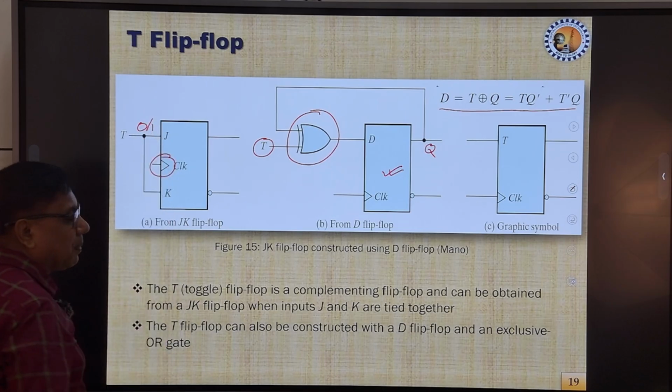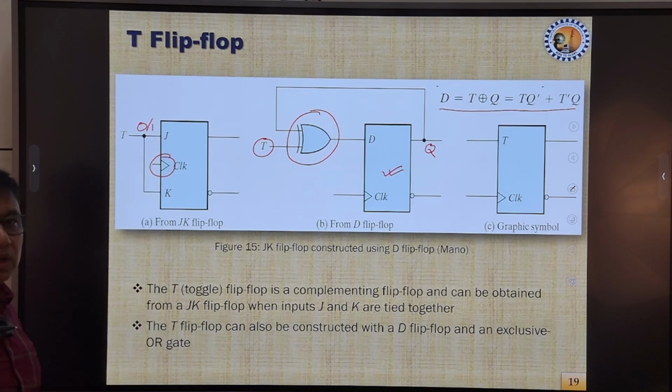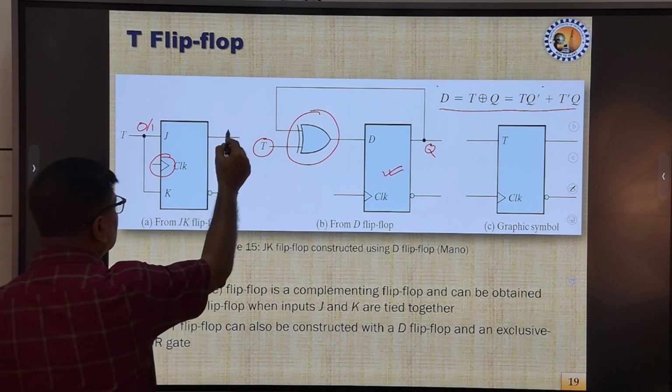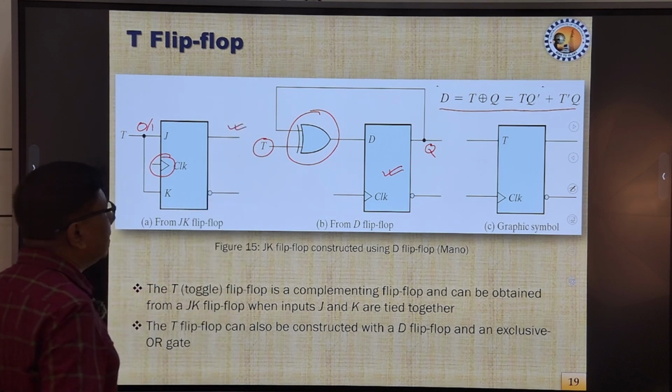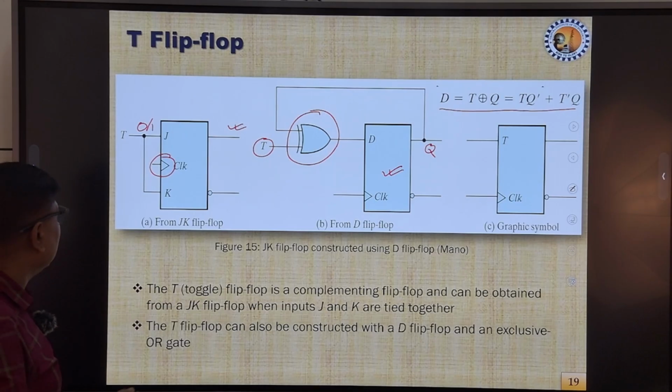When a 0 is applied, it will remain in the same condition, that means there is no change, it will hold its previous value, and if it is applied with a 1, then it will toggle. That means its output will change from its previous value.